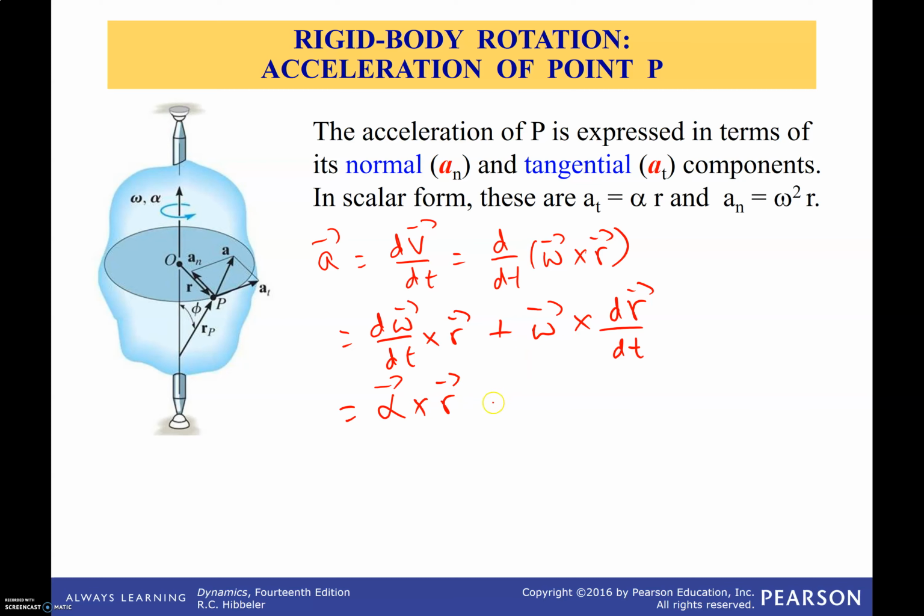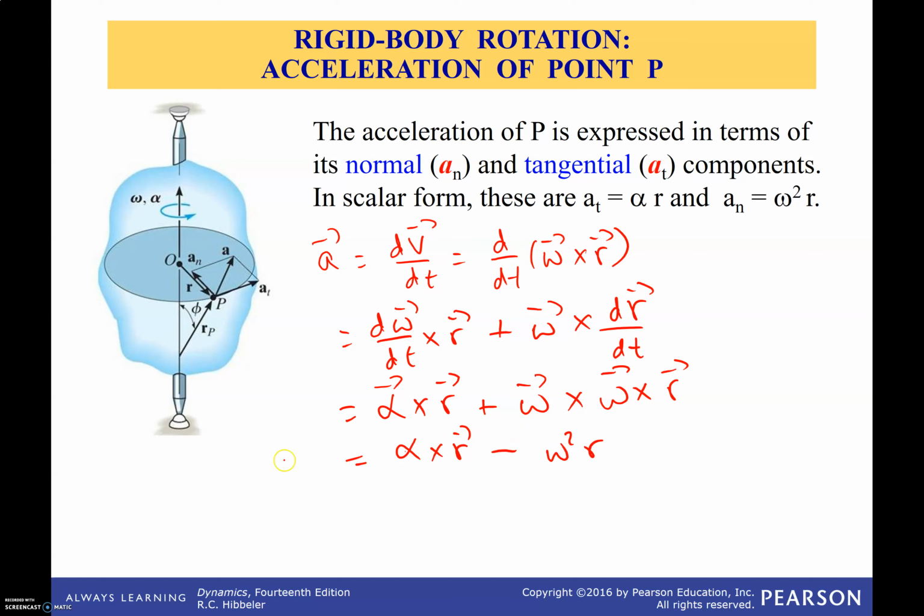And then this is omega cross dr dt, but dr dt is omega cross r from our previous equation in the previous slide. So this is what I get here, and then I can simplify this as alpha cross r minus omega squared r.